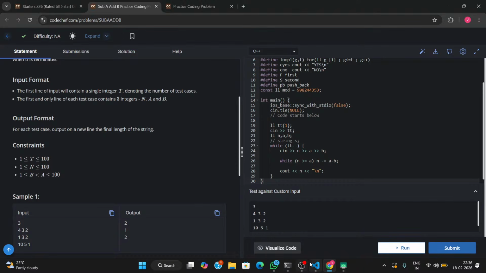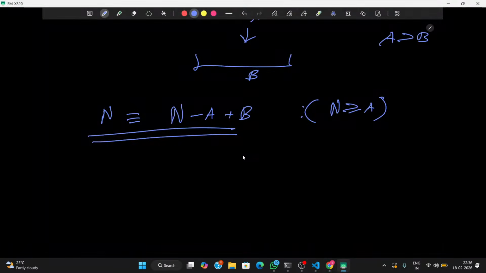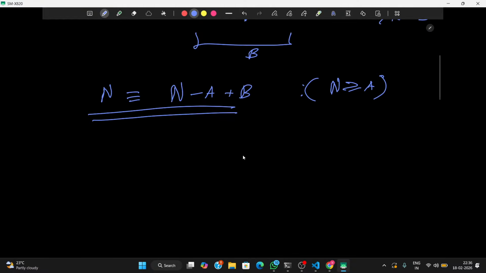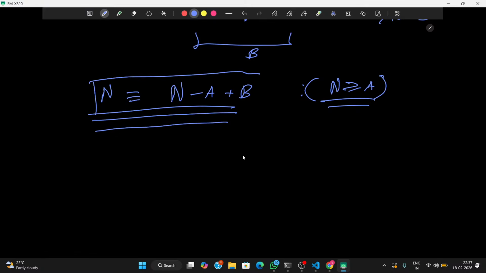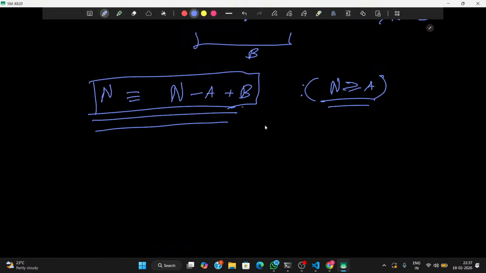If we run a brute force for this, while n is greater than or equal to a, it won't be an issue as the given constraints are small. The time complexity depends on how many times this operation can happen.